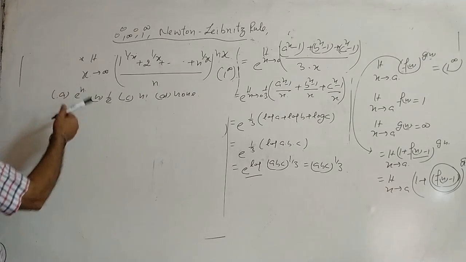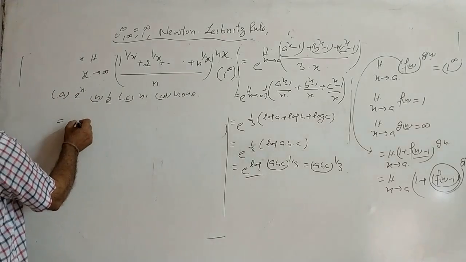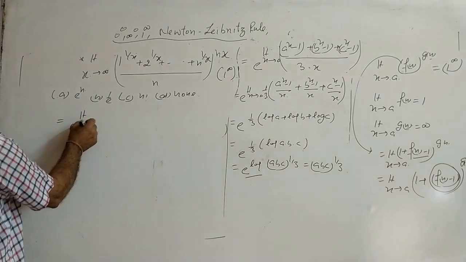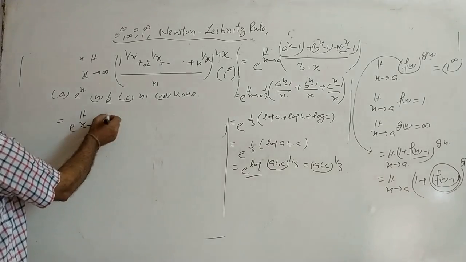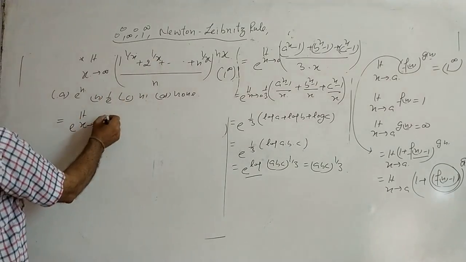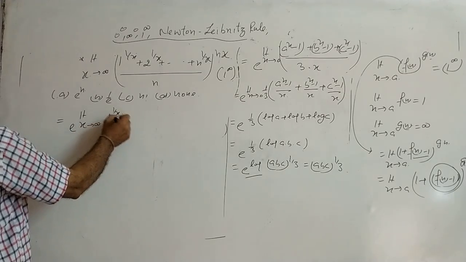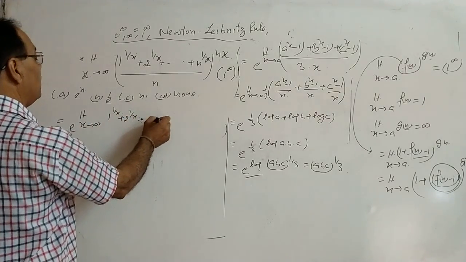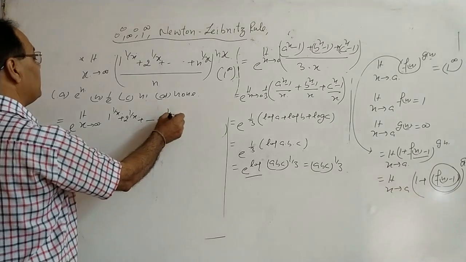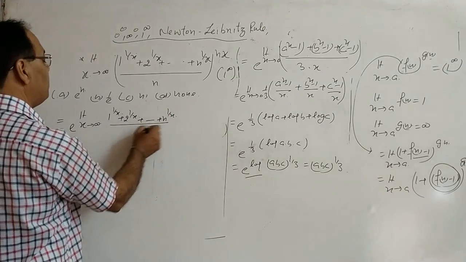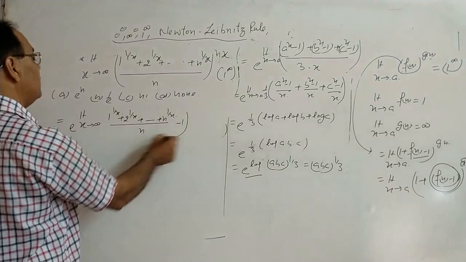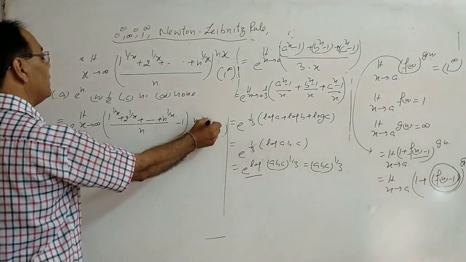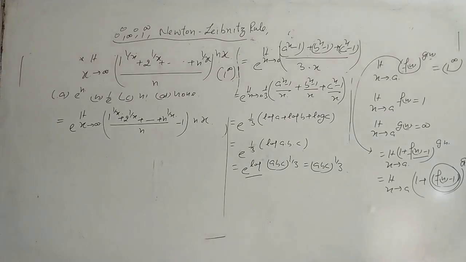When we take its solution, that is given like e raised to power limit x approaches to infinite of 1 raised to power 1 by x, 2 raised to power 1 by x, going in this way n raised to power 1 by x divided by n minus 1, then into its power, that is nx. Any doubt?